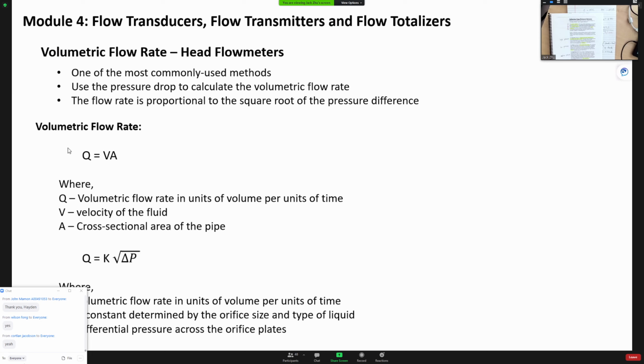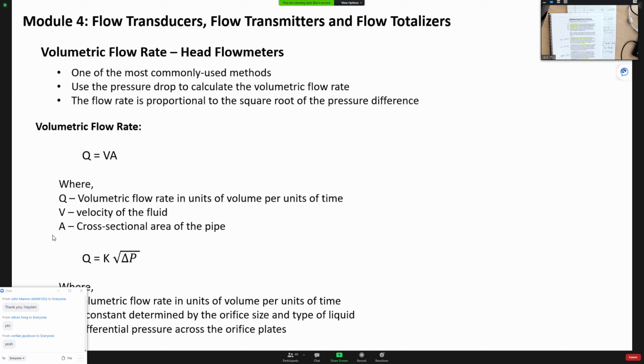The volumetric flow rate equals the velocity of the fluid moving inside the pipe times the cross-section area of the pipe. This is an important formula.